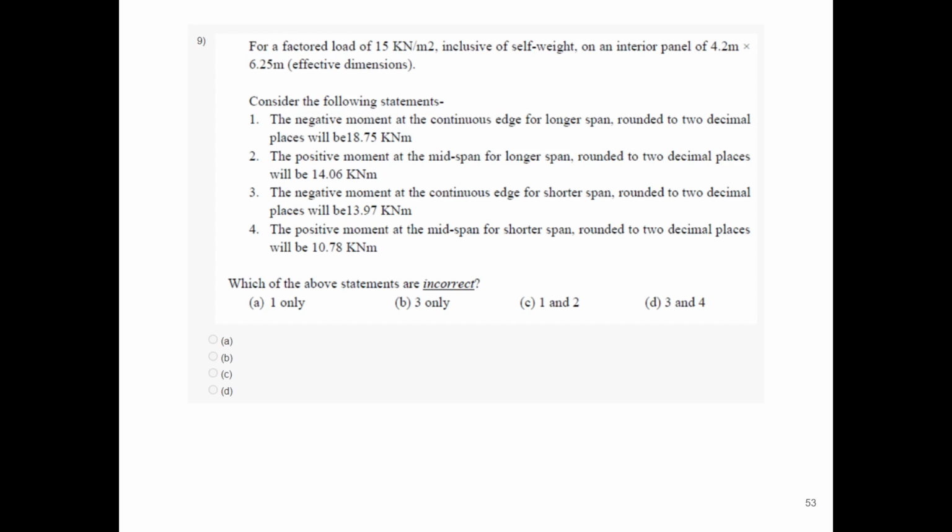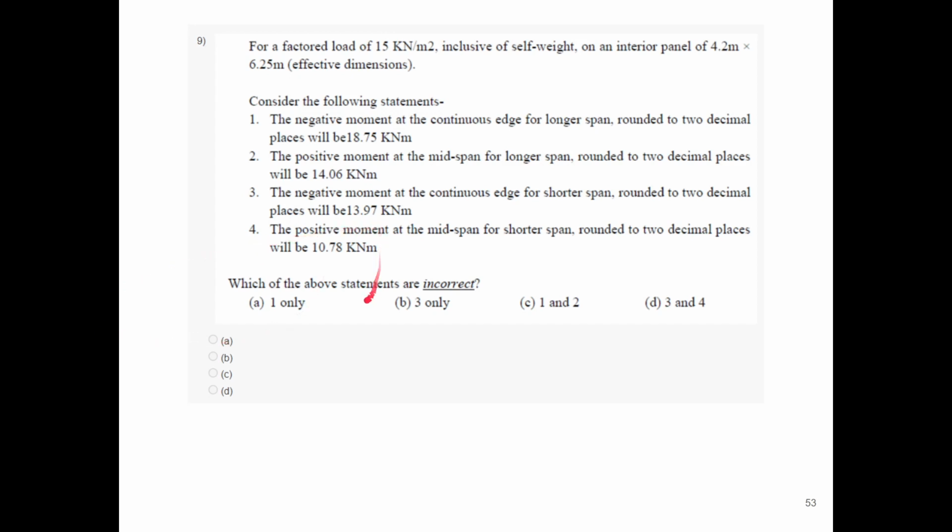Two, the positive moment at the midspan for longer span, rounded to two decimal places, will be 14.06 kilonewton meter. Three, the negative moment at the continuous edge for shorter span, rounded to two decimal places, will be 13.97 kilonewton meter. And four, the positive moment at the midspan for shorter span, rounded to two decimal places, will be 10.78 kilonewton meter.